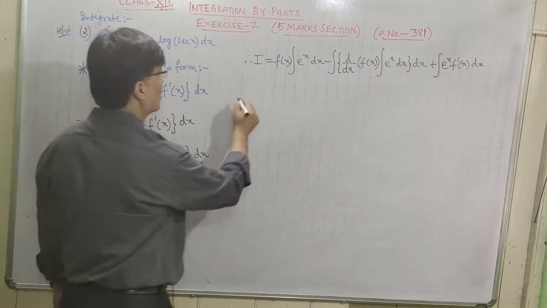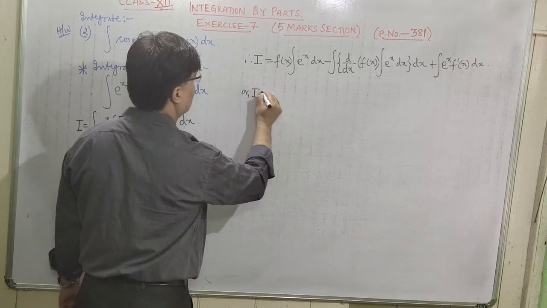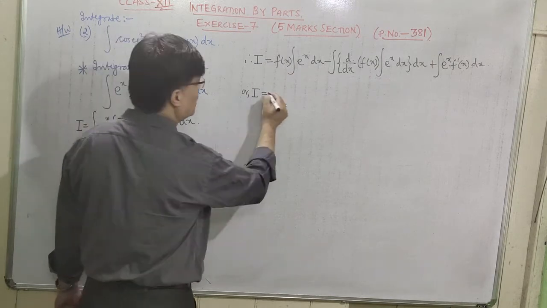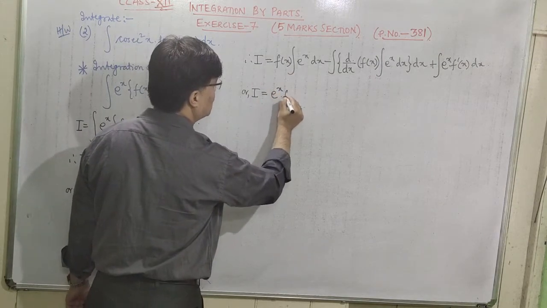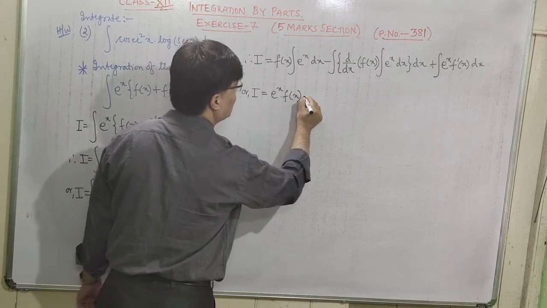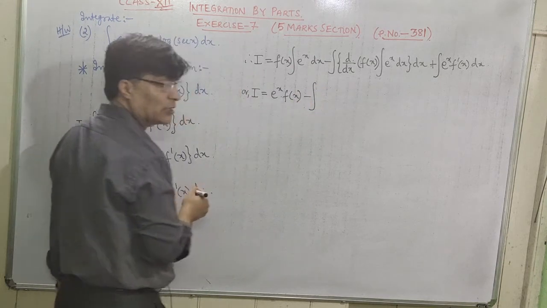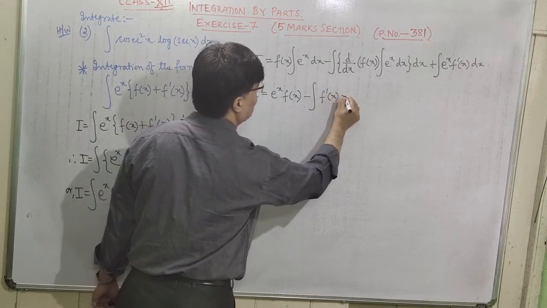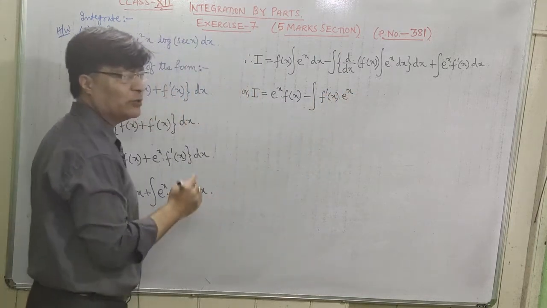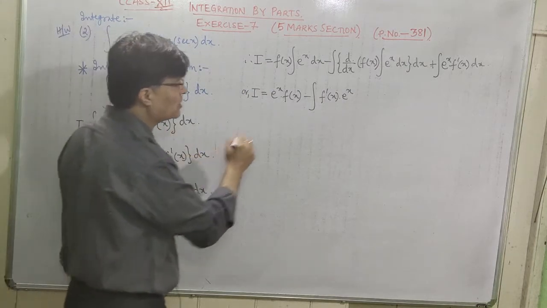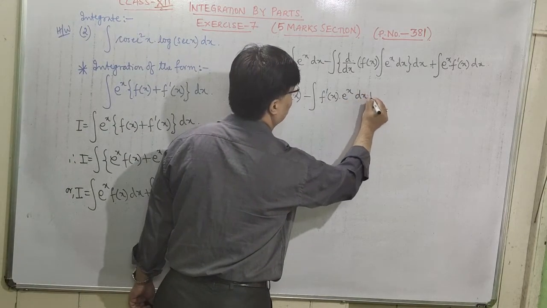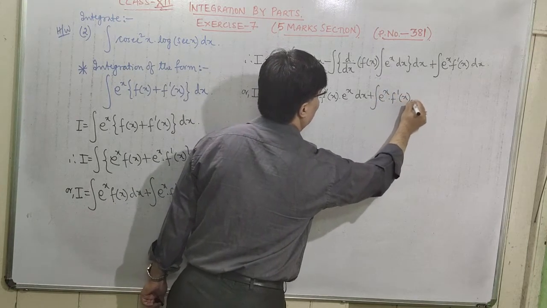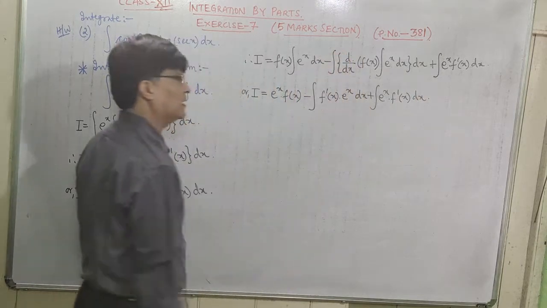Okay, so or I is equal to, now let us first integrate e to the power x dx. What is this integration? E to the power x, then f of x minus integration of, what is dy dx of f of x? You know that this is f dash of x into, what is integration of e to the power x dx? That is your e to the power x. Then we can write dx here plus integration of e to the power x into f dash of x dx.